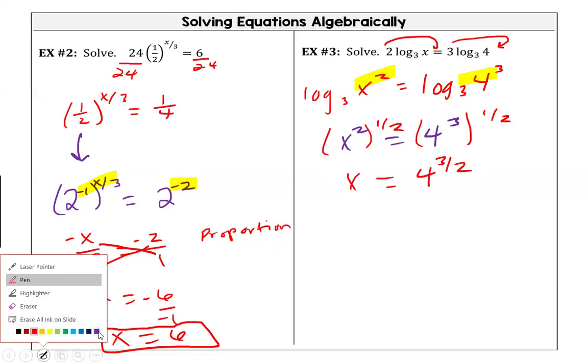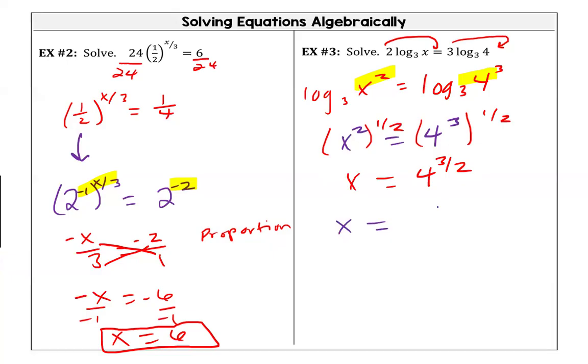And now I can simplify this. So x equals, I'm taking the square root of 4 and then I'm cubing it. Because remember, a rational power means your numerator is your power, your denominator is your index. This goes back to Algebra 2. How do you manipulate this?